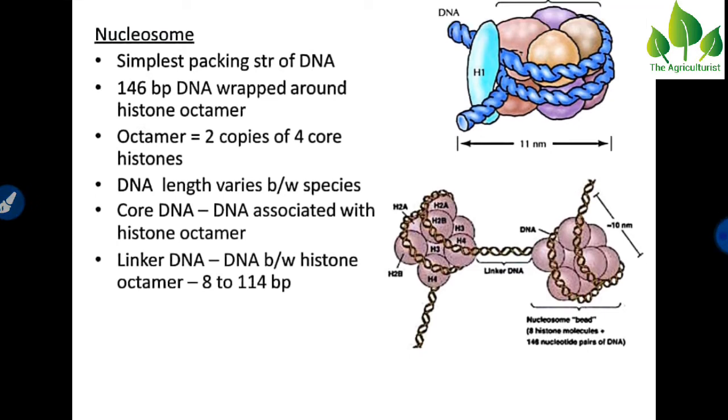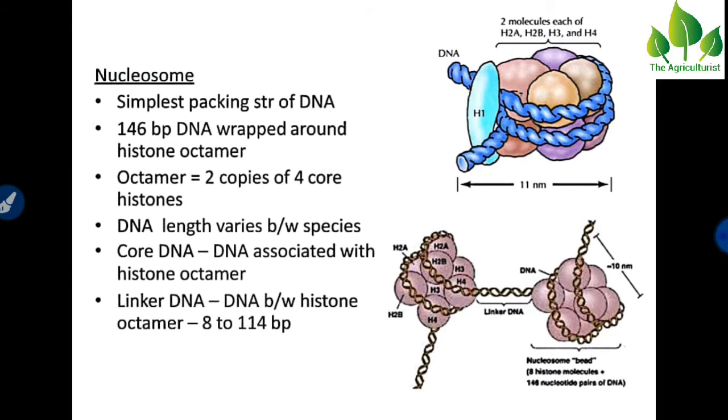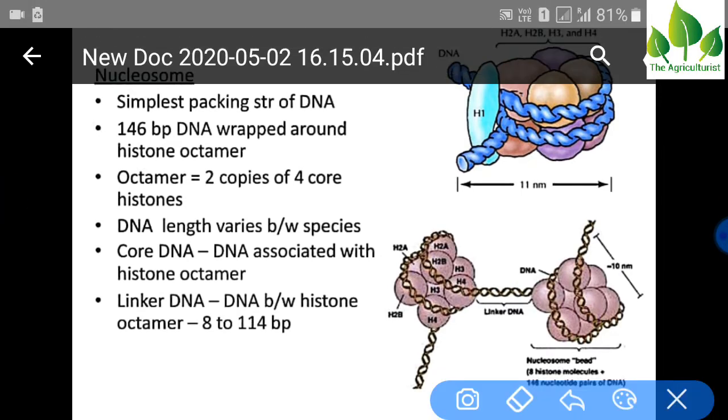Core DNA is the DNA which is associated with the histone octamer. Linker DNA is the DNA between two histone octamers, and it can be from 8 to 114 base pair.